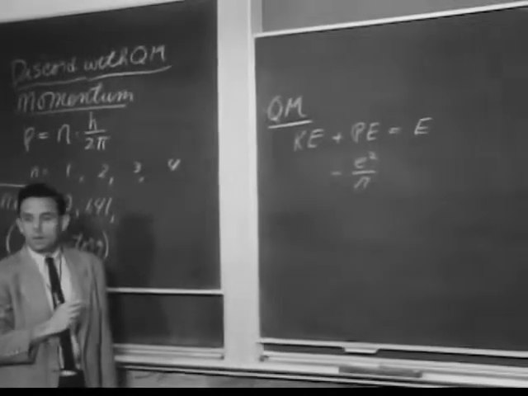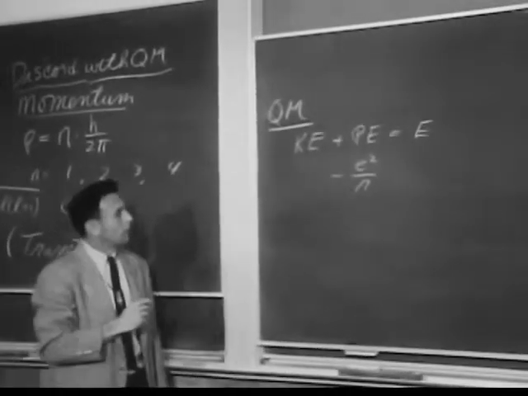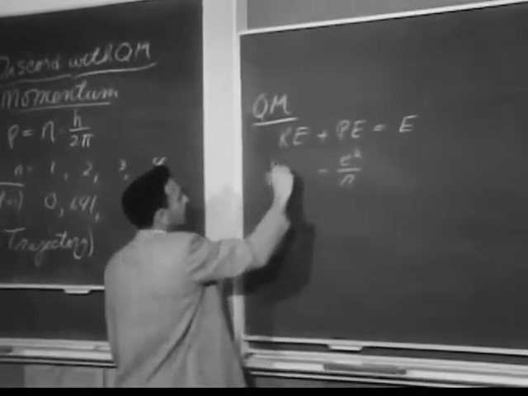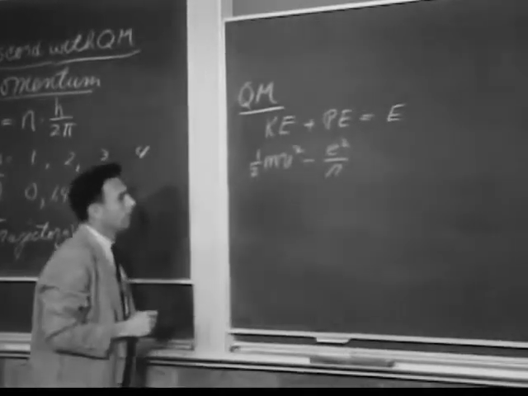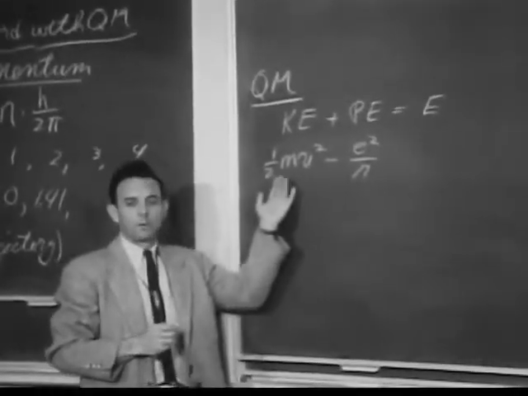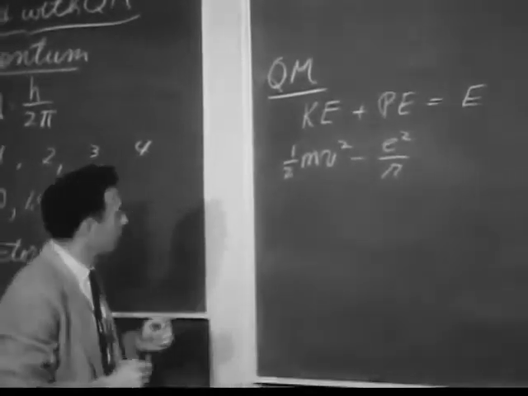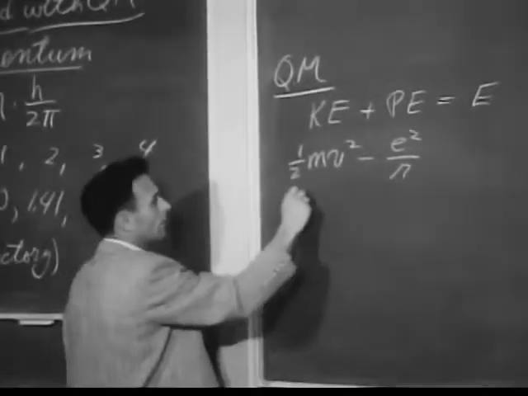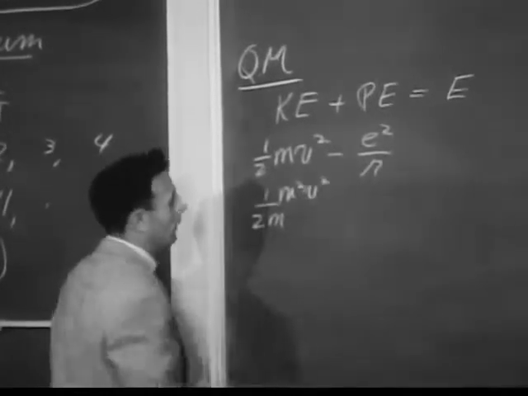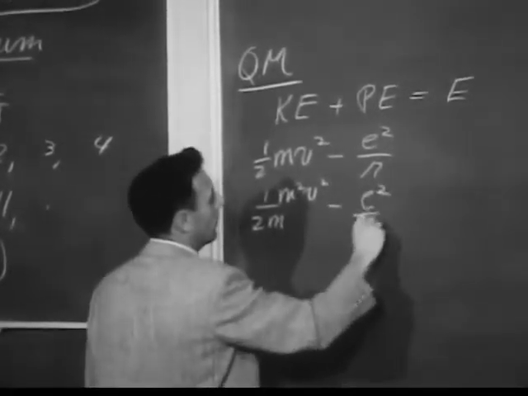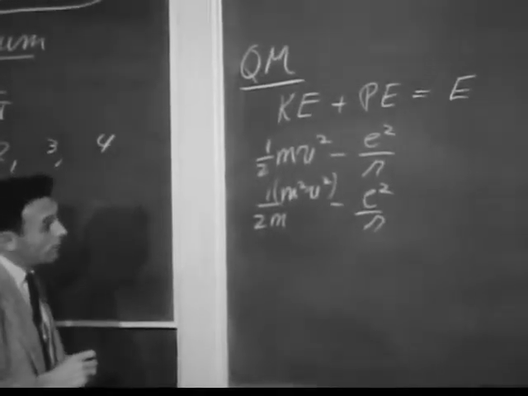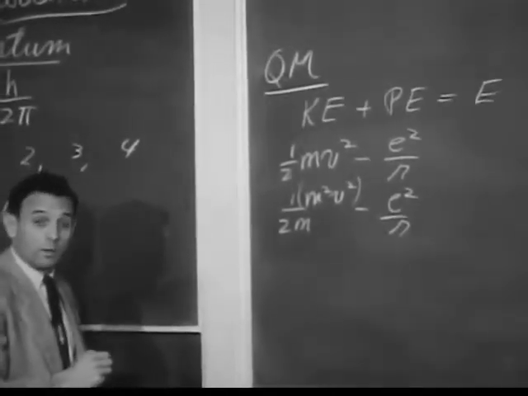The kinetic energy, if you'll allow me to express this in one dimension, would be just 1/2 mv squared. But for our purposes, it will be convenient to rewrite the kinetic energy in terms of momentum p. So I'll rewrite this as 1/2m times m squared v squared minus e squared over r, because now m squared v squared represents the square of the momentum.